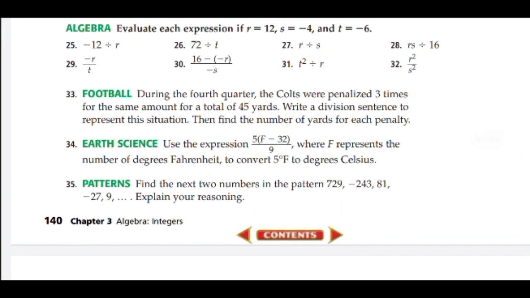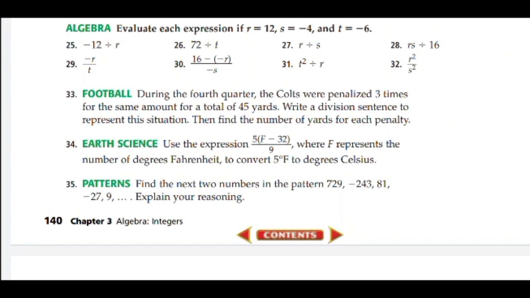Football. During the fourth quarter, the Colts were penalized 3 times for the same amounts for a total of 45 yards. Write a division sentence to represent this situation.